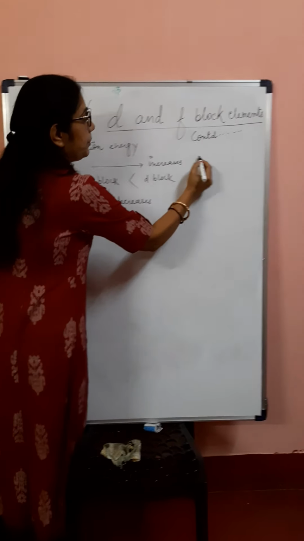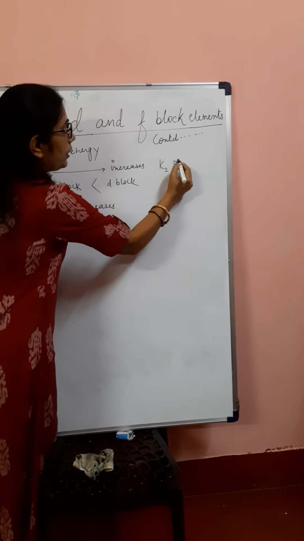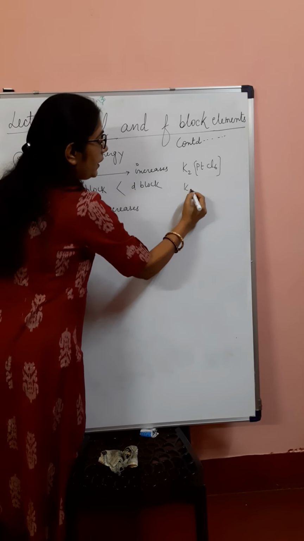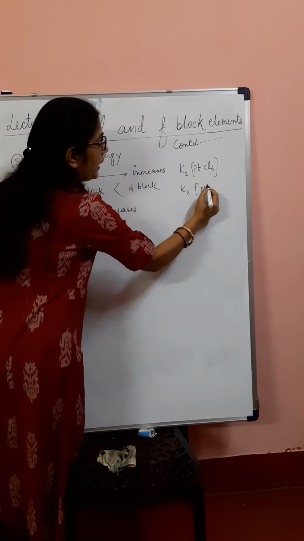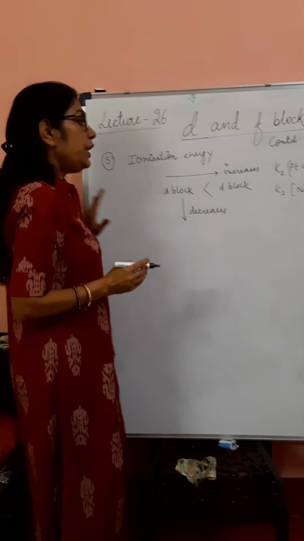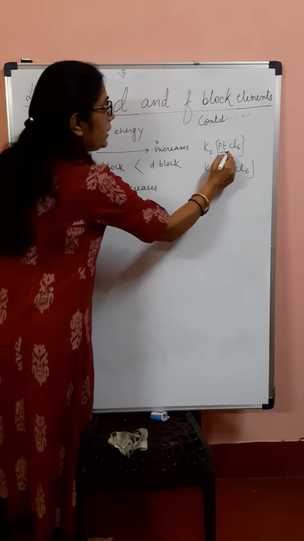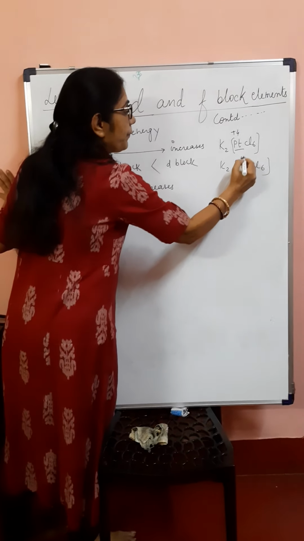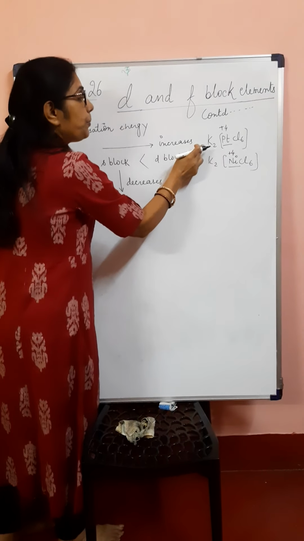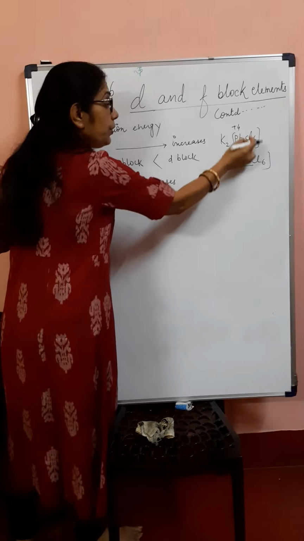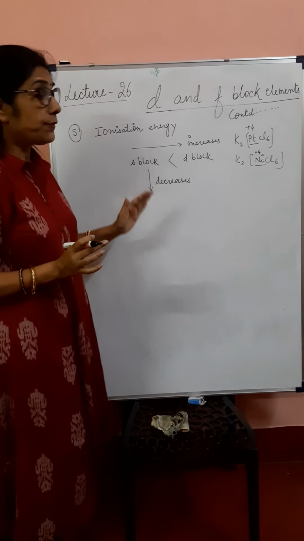Let's take an example. K2PtCl6 and K2NiCl6. In both these cases, you can see the oxidation state of the central atom is +4, because 2 into +1 and 6 into -1 gives -6 and +2, so the central atom becomes +4.